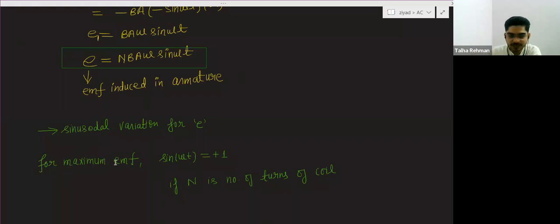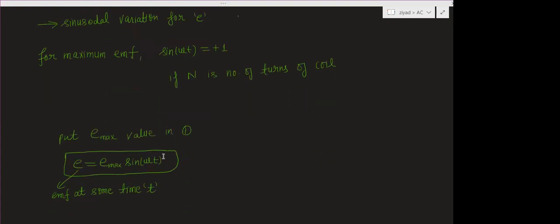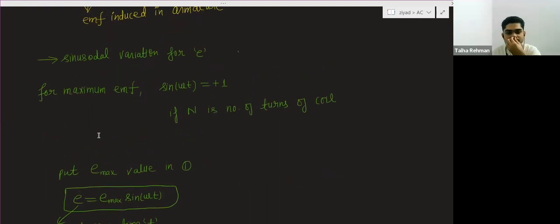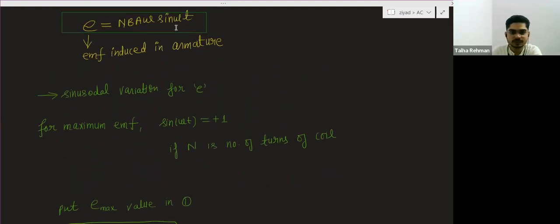So this EMF depends upon the sine, and it will be maximum when the sine is maximum. So you put the value 1 here, and you will get E is equal to NBA omega into 1.